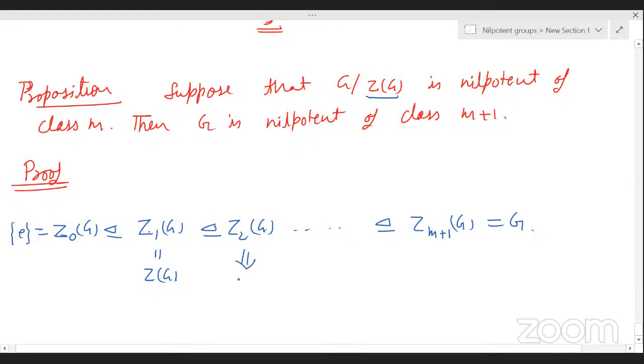The definition of Z2G is: Z2G upon Z1G, that is the center of G, is equal to the center of G upon Z1G. Center of G upon Z1G.